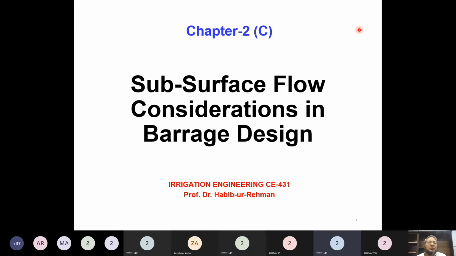The next thing you can do after studying the previous chapter is fix the downstream concrete floor level. How will you compute the downstream concrete floor level?